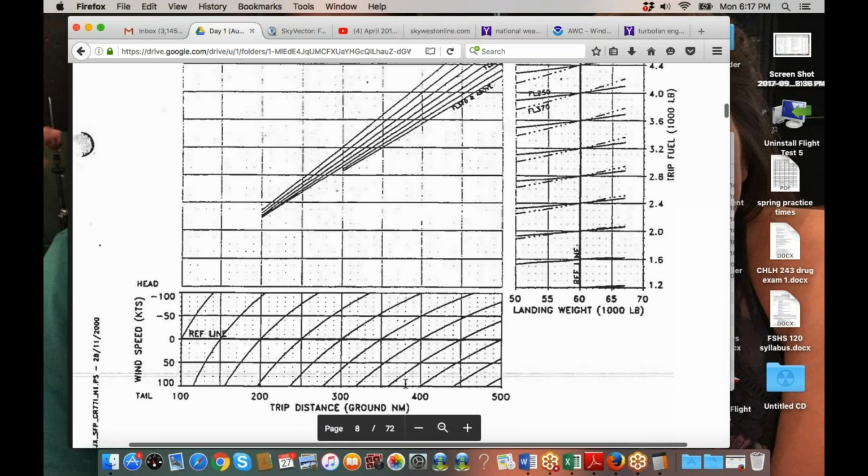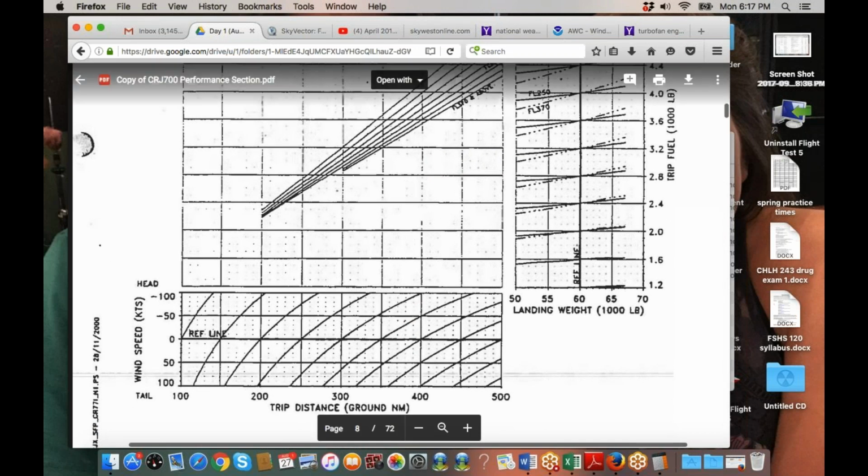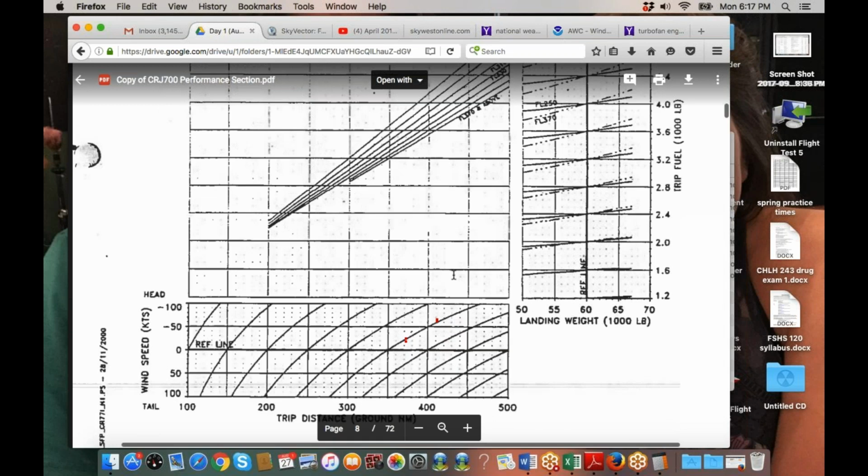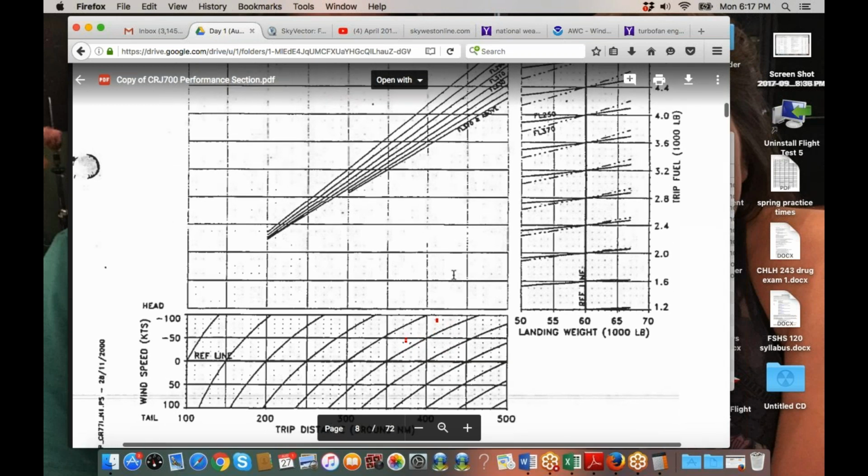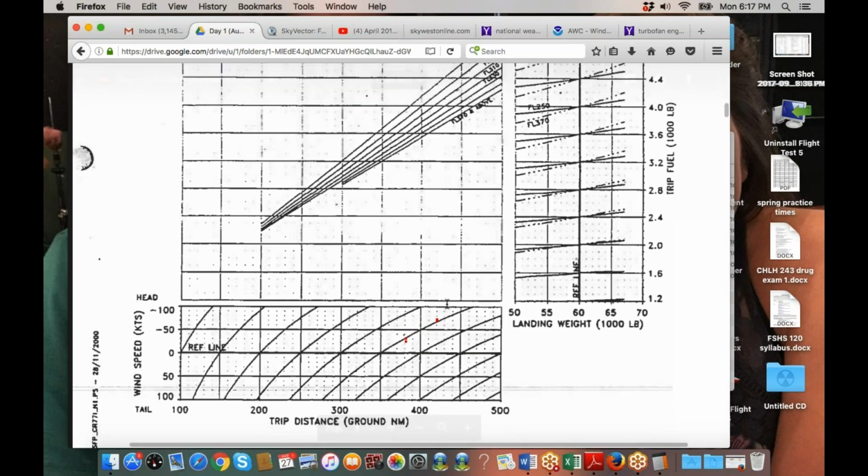Okay, so we went 380. Get my pen back out. So 380 to there, 40 knot, probably around there. We're going to take that up. Whoops, move that all around. Okay, just ignore those dots now.